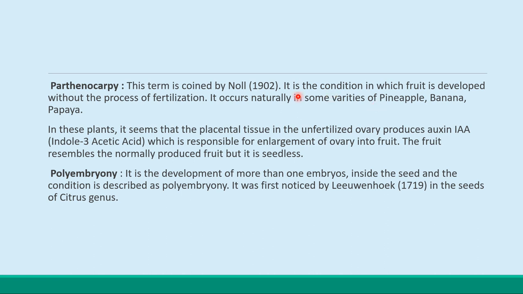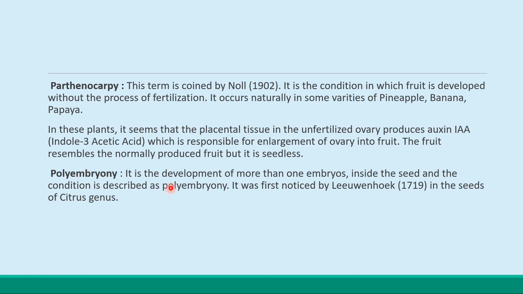The last but important point from this lesson is polyembryony. या नावामध्ये सगळं काही आहे. पॉली मीन्स मेनी, एम्ब्रॉयनी मीन्स एम्ब्रायो. म्हणजेच एकापेक्षा जास्त जर एम्ब्रायो असतील इनसाइड द सीड त्या कंडिशनला म्हणायचं पॉलीएम्ब्रॉयनी.